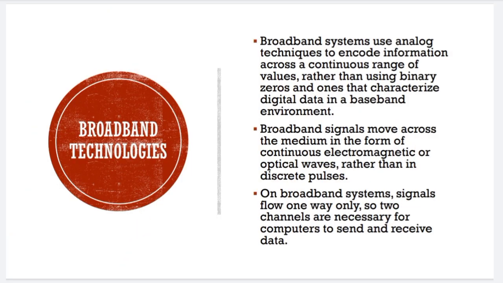Broadband technology. So broadband systems use analog techniques to encode information across a continuous range of values, rather than using the binary zeros and ones that characterize digital in a baseband environment. Broadband signals move across the medium in the form of continuous electromagnetic waves or optical waves, rather than in discrete pulses. On broadband systems, signals flow one way only, so two channels are necessary for computers to send and receive data.